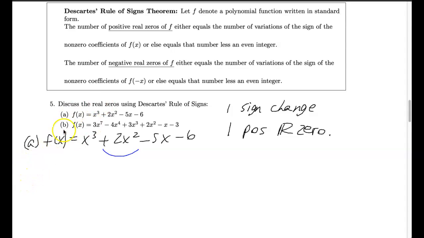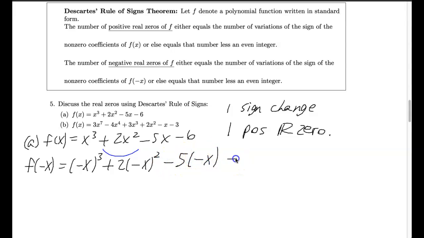Alright, so then to find the negative real zeros, we need to find f of negative x, which is negative x to the third plus 2 times negative x squared minus 5 times negative x minus 6. Alright, this will be negative x cubed plus 2x squared plus 5x minus 6. And when we count the sign changes, it's going to be 1 and 2.